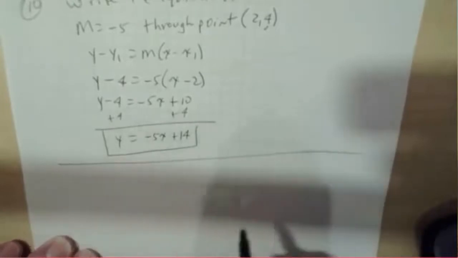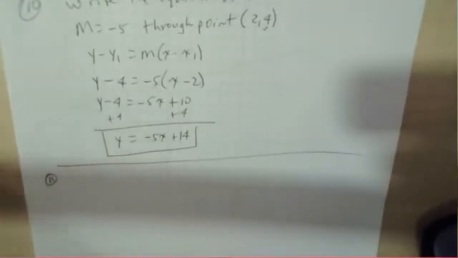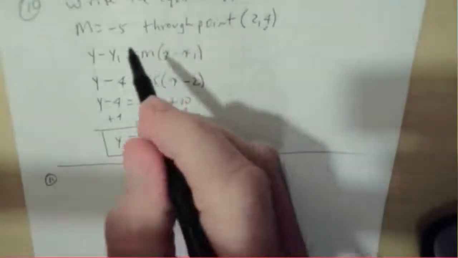Number 11. Same thing. Write the equation of the line. But what if you're given 2 points?